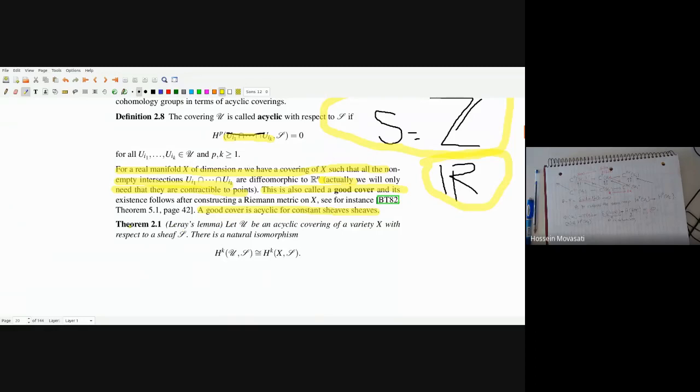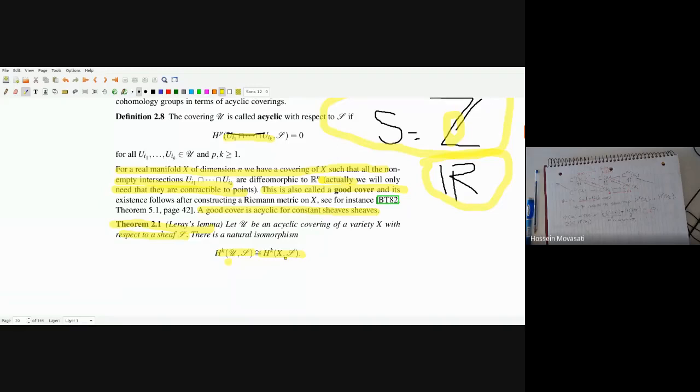So I will announce just Leray-Thom's lemma. If U is an acyclic covering of a variety X with respect to a sheaf S, in our case take as sheaf the ring of integers, and then you take a good cover. At the end, it says that this direct limit that we define here has a limit, and actually its limit is just H^k(U, S).